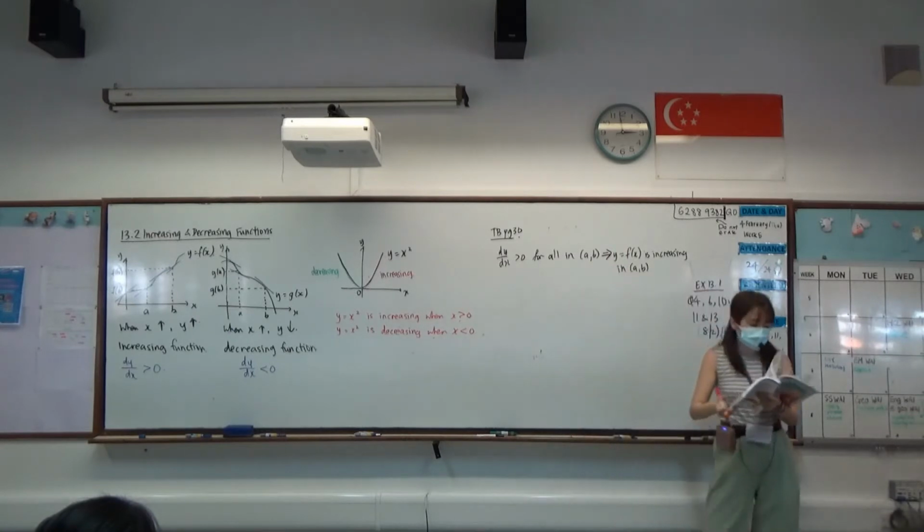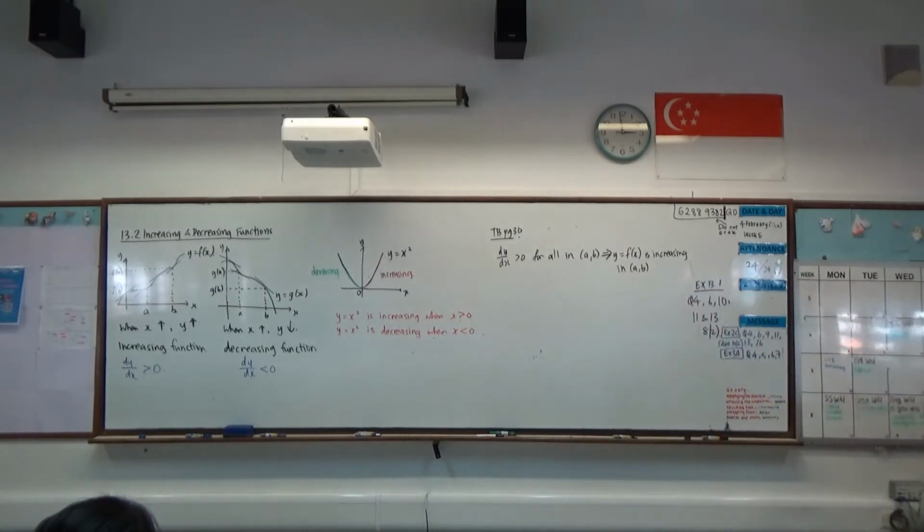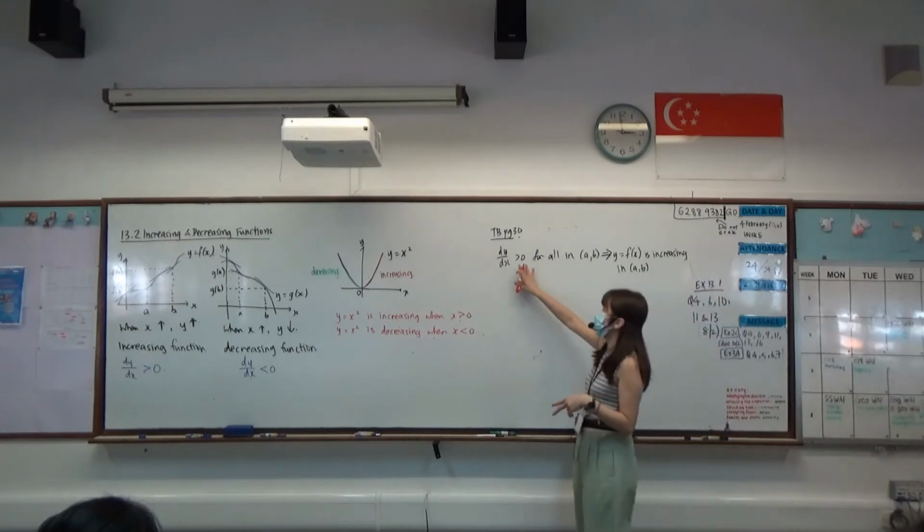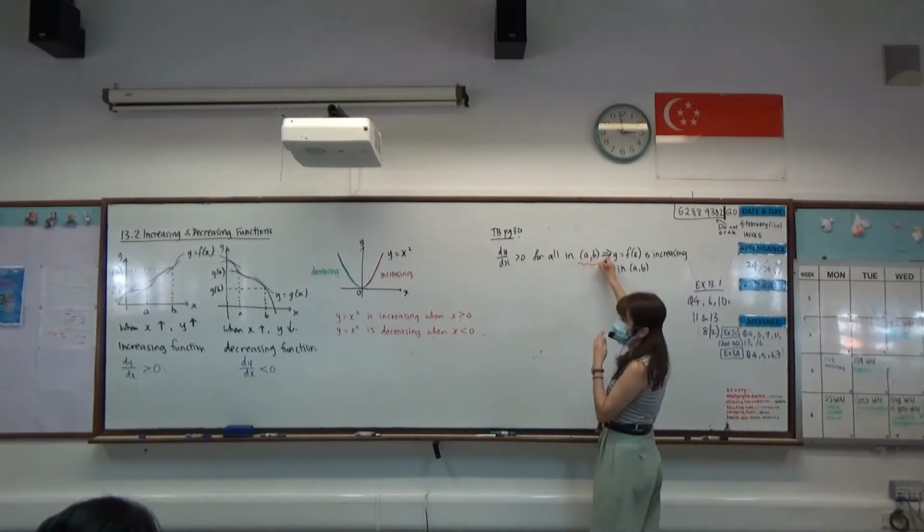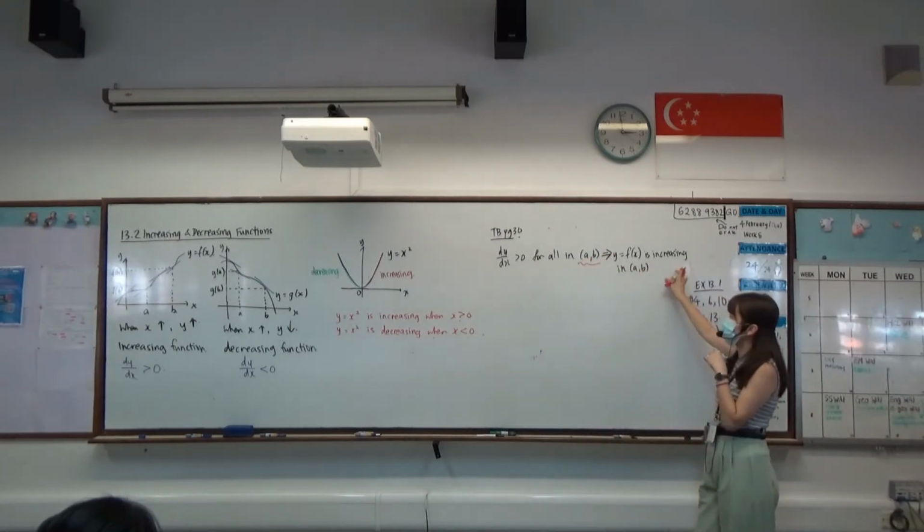Notice that in that green box there is this statement that the derivative is more than 0 for all x in this AB. y equals f(x) is increasing in AB.